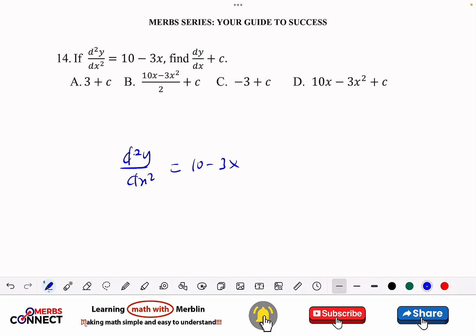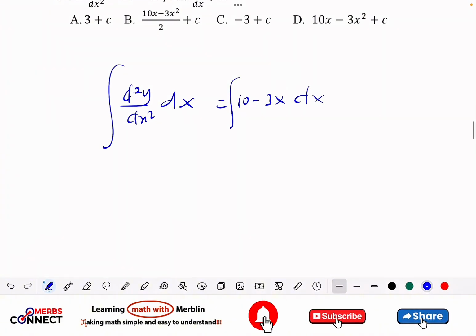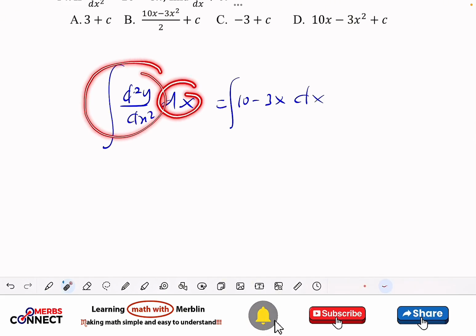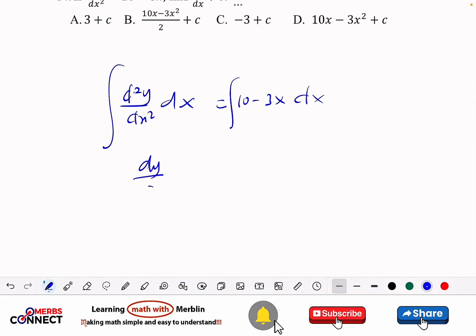So we need to integrate this with respect to x. When I integrate this, I'm going to have dy over dx equal to, integrate 10, you're going to get 10x minus, integrate this, and you're going to have 3x squared divided by 2 plus c. So that's what we are going to get.